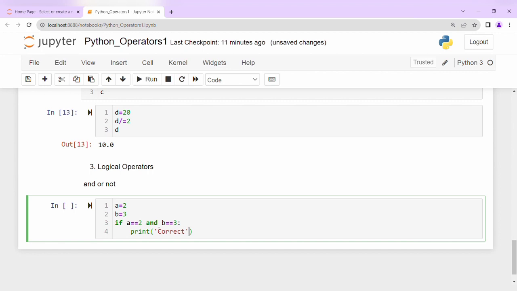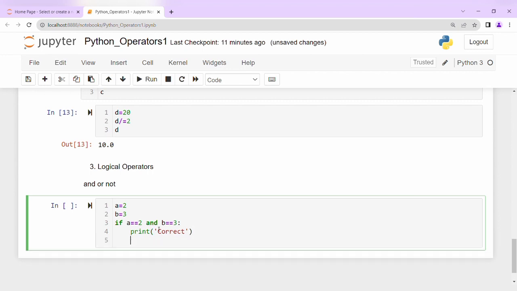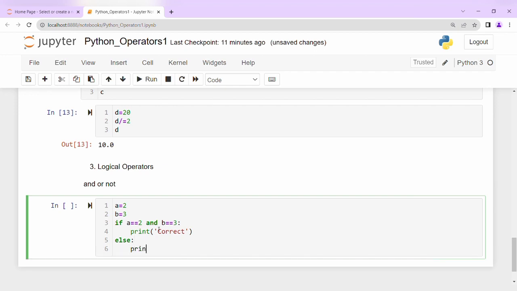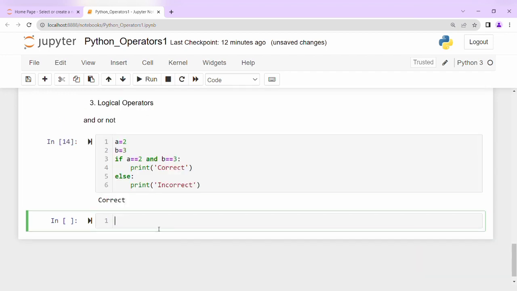If both are not correct, then you go to the else, write it, print incorrect. So here a is 2, b is 3. This condition is satisfied. So output is correct.